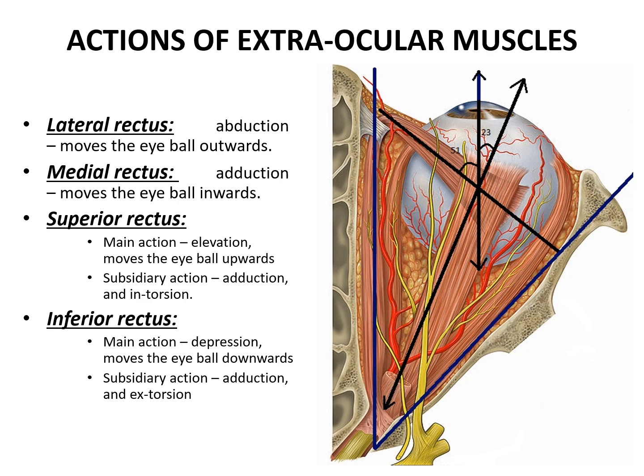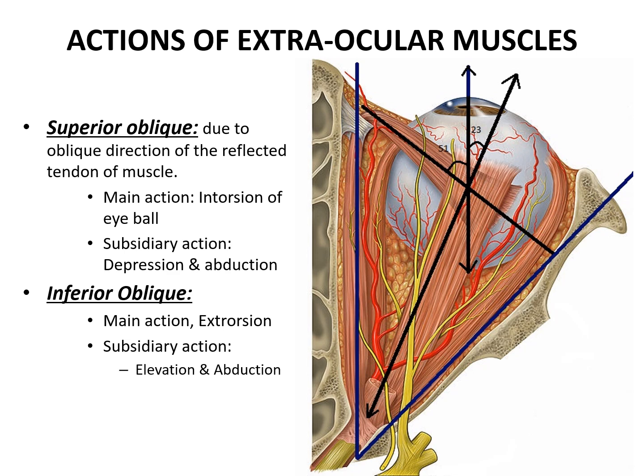And the main action of the inferior rectus in the primary position, when it is forming the angle of 23 degree with the anterior posterior axis, is the depression of the eyeball, along with adduction and extorsion. Next slide, please.